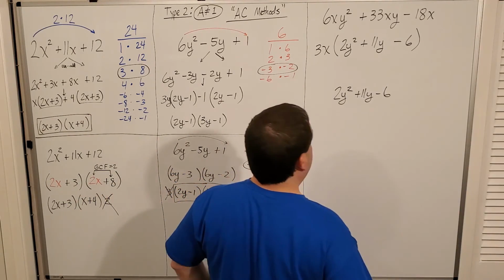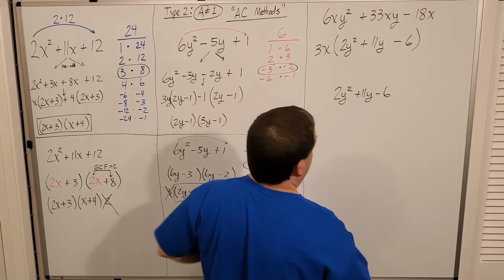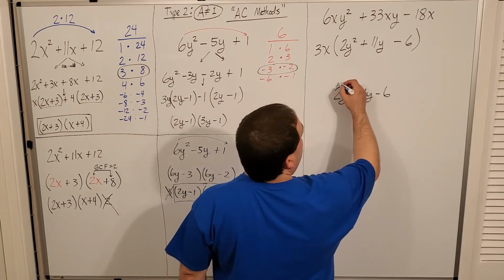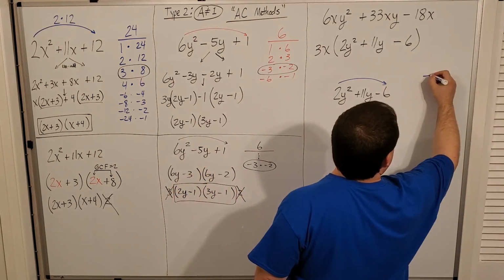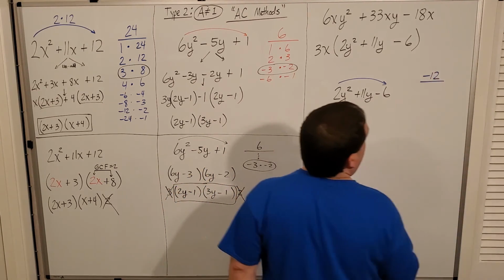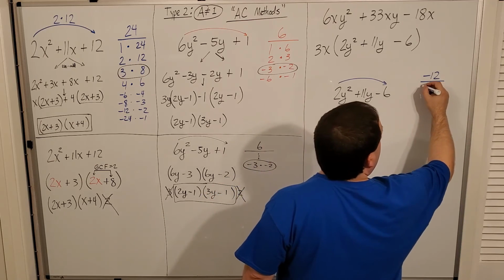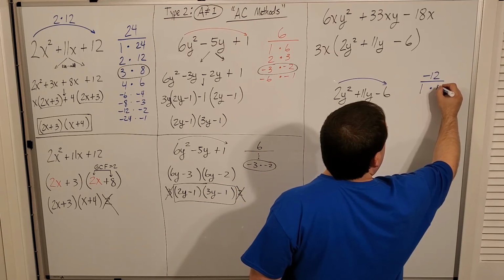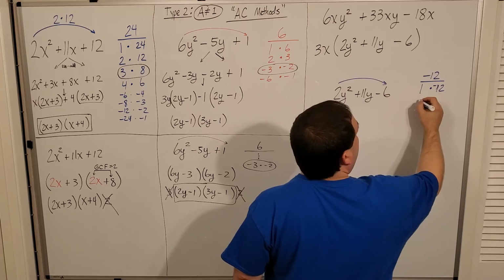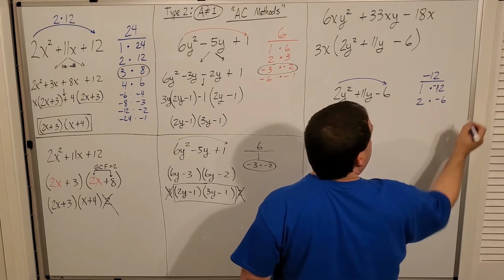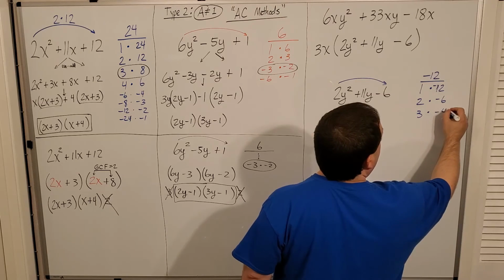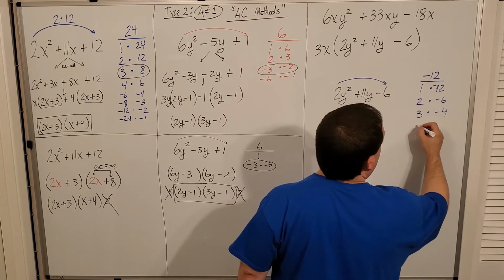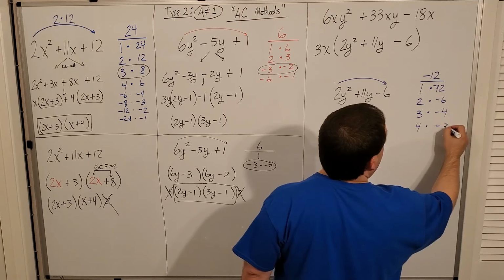So let's do the AC, which is going to be 2 times negative 6, which is negative 12. And I'm going to do my list. 1 times negative 12, 2 times negative 6, 3 times negative 4, 4 times negative 3.